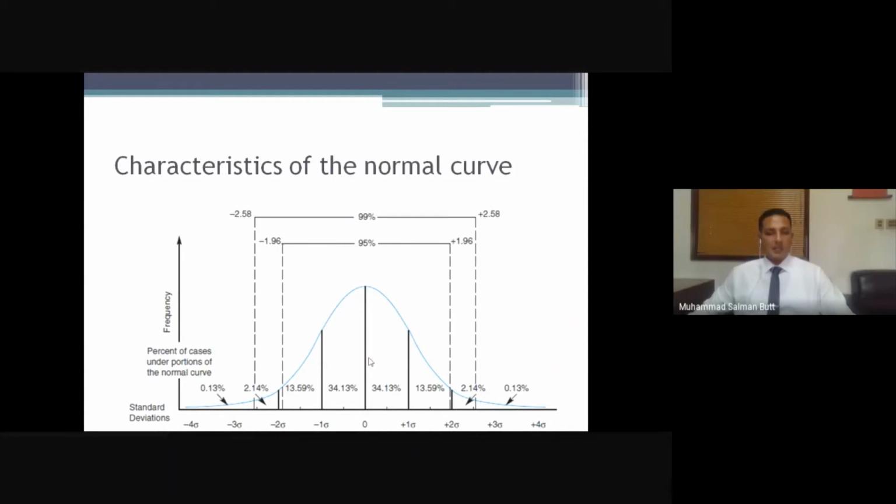The mean is the average, whereas the mode is the most frequent value, and the median is what you get when you arrange your values in ascending or descending order and take the most centralized value.